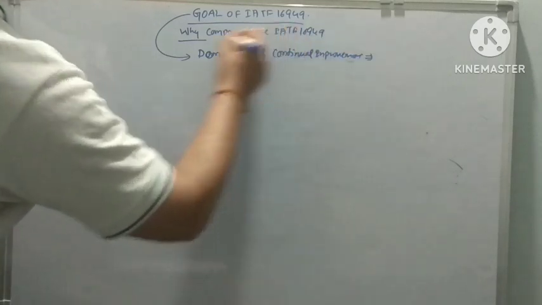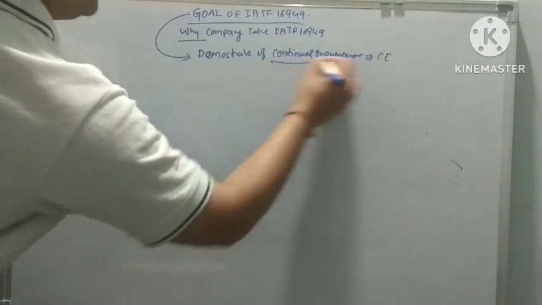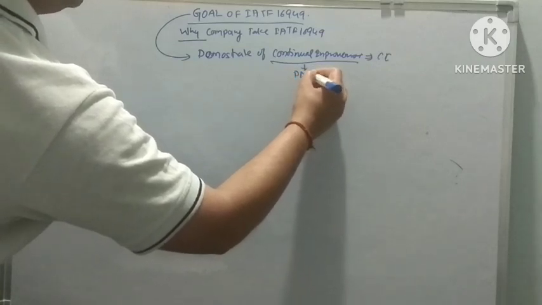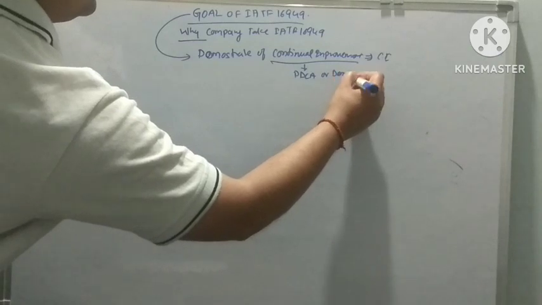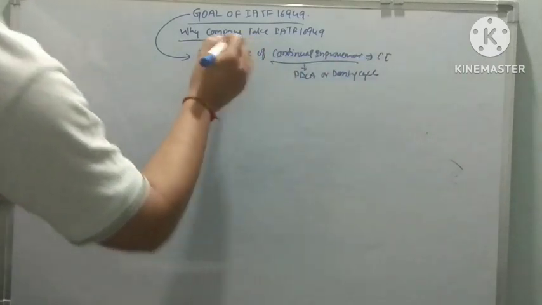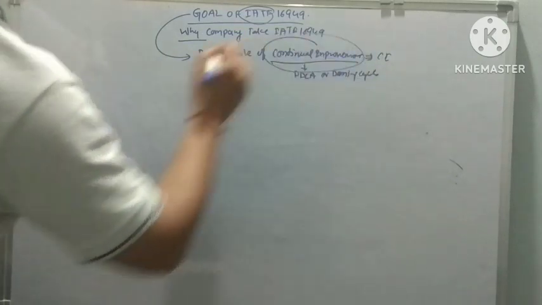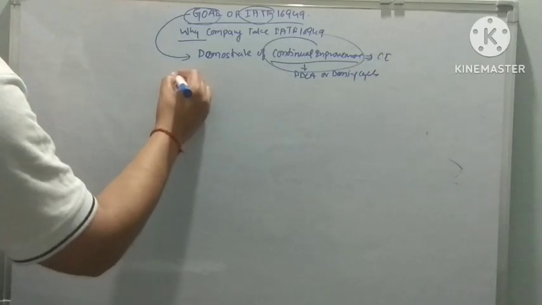IATF talks about CI. Continual improvement means the PDCA cycle or Deming cycle. So why do we take IATF? For continual improvement.